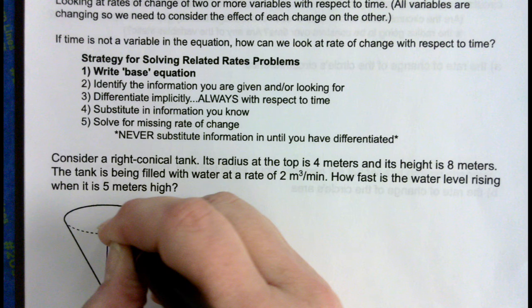Okay. So here's what we do. Let's see what we know. The top of the tank is 4, and the height is 8, correct? Okay. And the water is going into it at a rate of 2 cubic meters per minute. Okay, meters per minute. And yes, these are in meters.